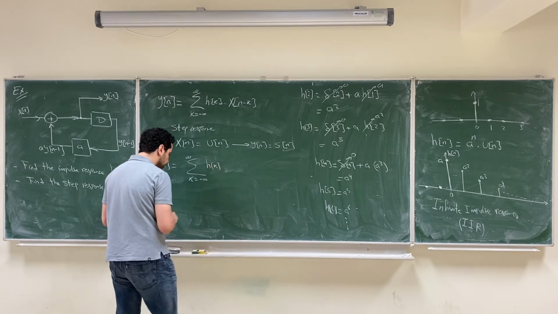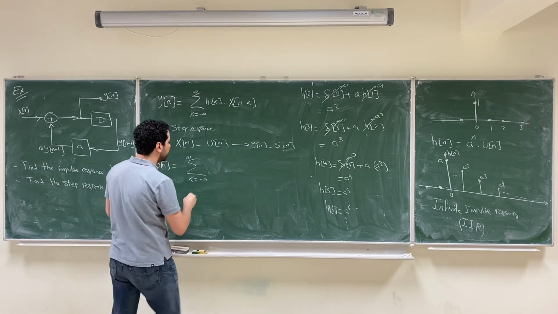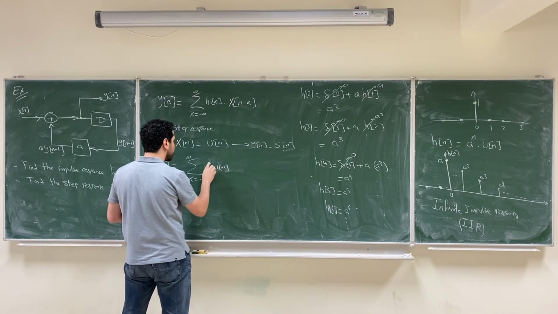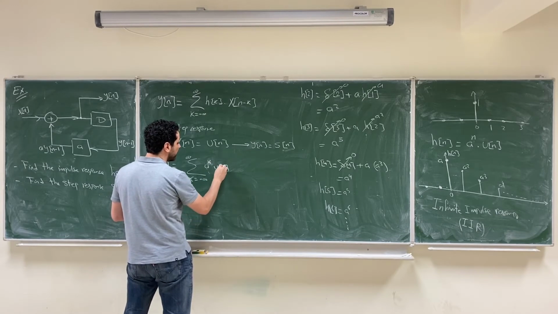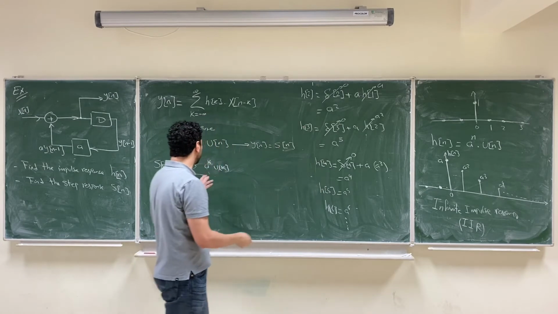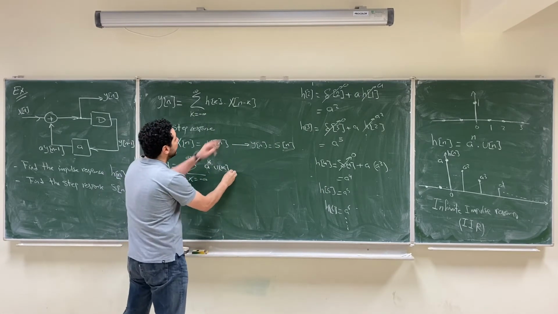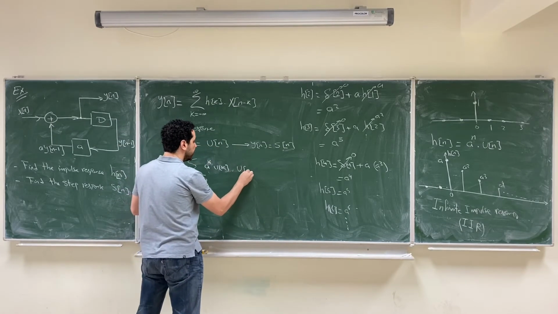And by the way, we found h of k to be what? Because h of n equals a to the power n, u of n, h of k will be a to the power k, u of k. And then x of n minus k will be u of n minus k.